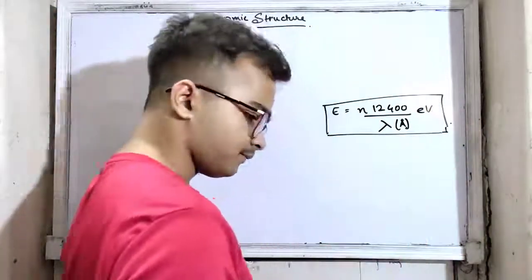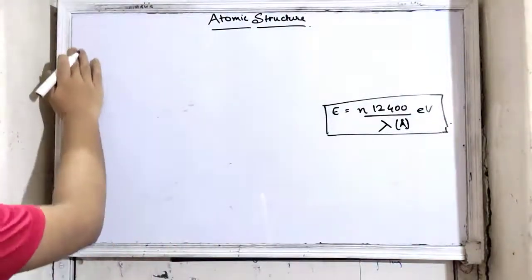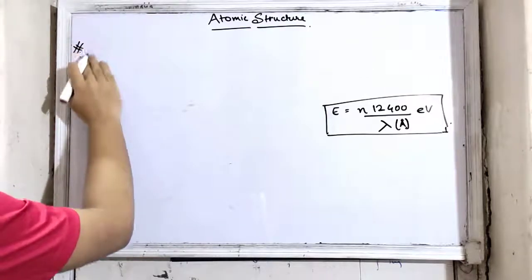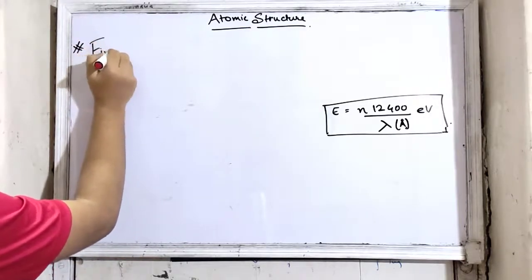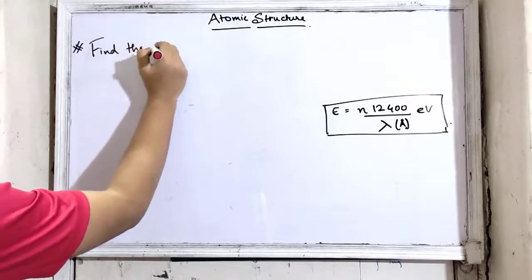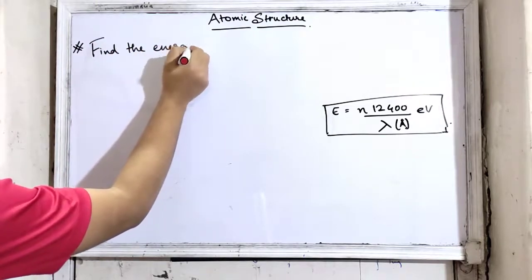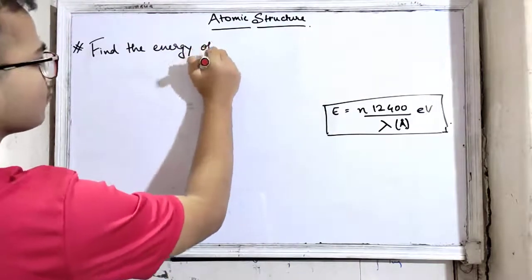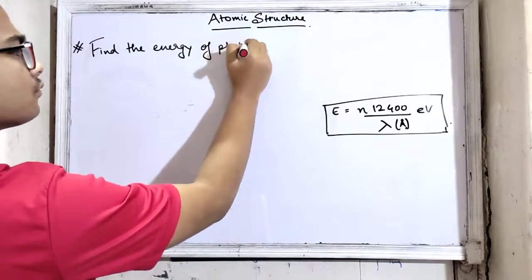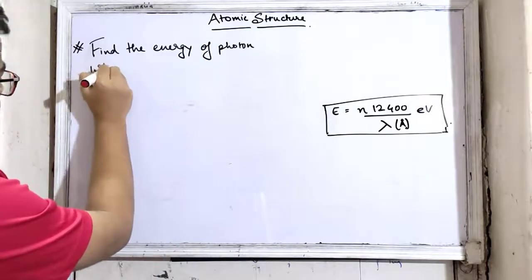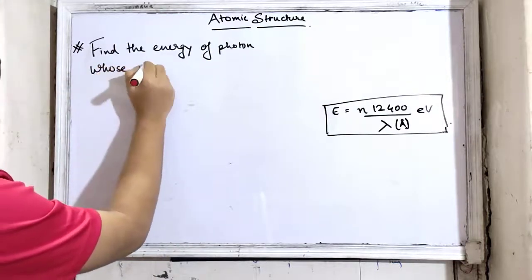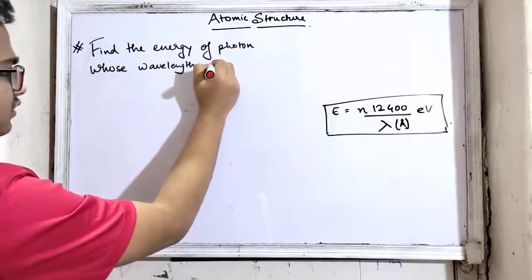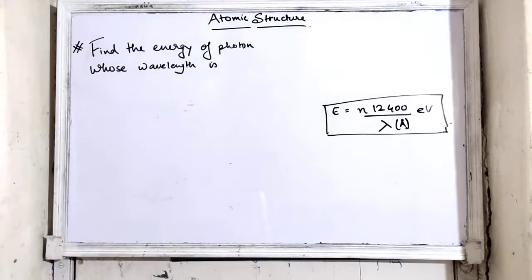Now the question says: find the energy of photon whose wavelength is 320 nanometer.